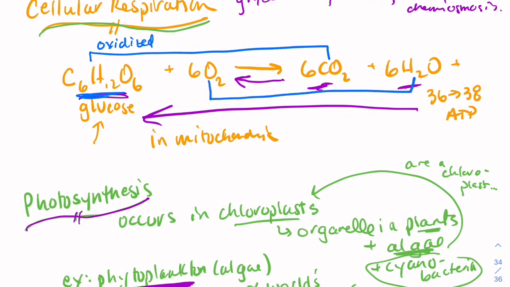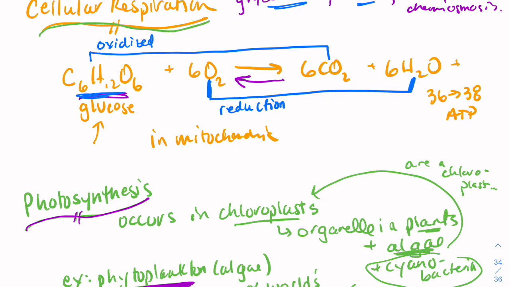Let me clean this up just a little bit. And we were like, oh, oxygen is gaining electrons or hydrogen atoms. It's gaining hydrogen atoms to become water, so this is a reduction. But we saw through the process of glycolysis and the citric acid cycle that this oxidation happens first.